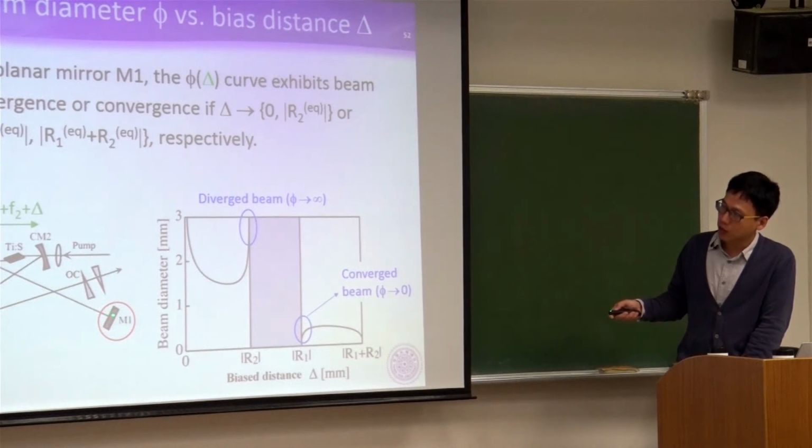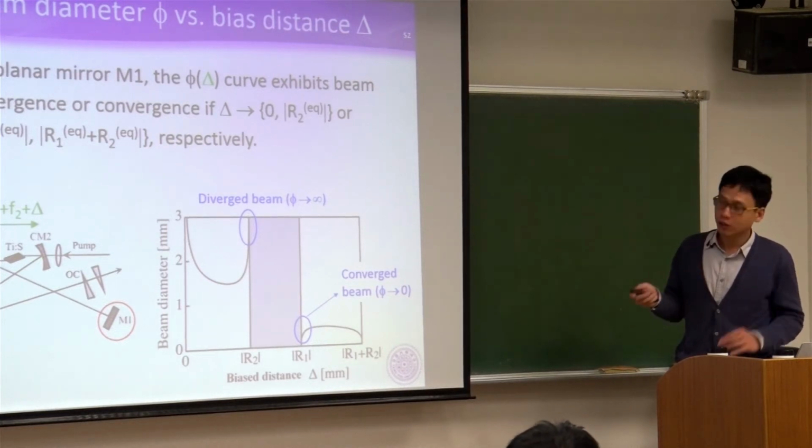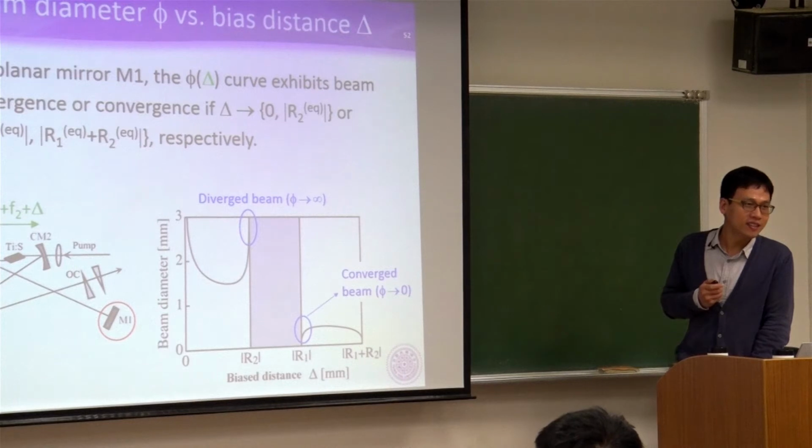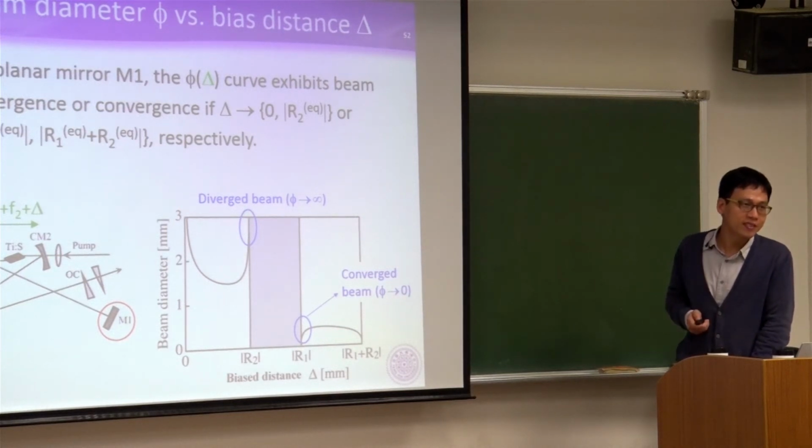The observation is placed at planar mirror M1, and we observe the beam diameter as the separation of the two curved mirrors changes. We got these two curves, okay? And it seems that here and here you have beam divergence or beam convergence.